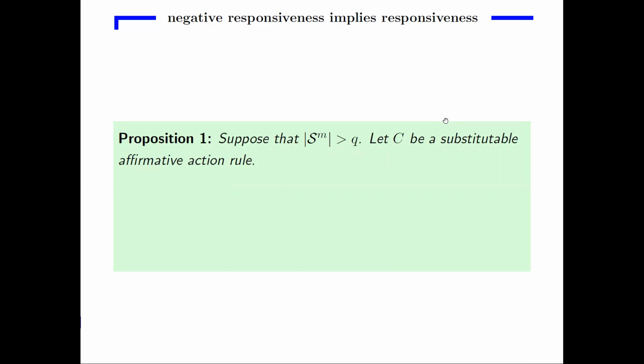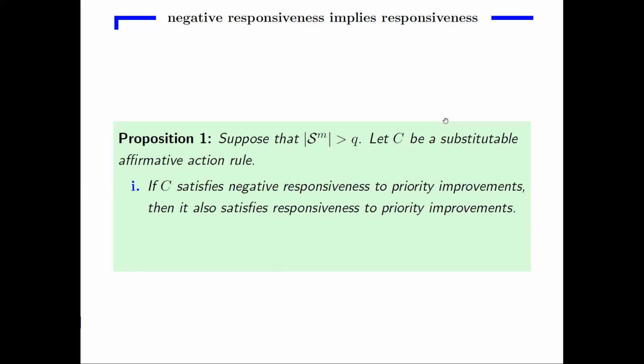The assumption is that suppose that in the grant pool of applicants, we have at least Q students, otherwise it becomes a mess because of some simple technical problems. And let C be a substitutable affirmative action rule. Here it means just an affirmative action rule, a choice rule that satisfies the basic axioms, not the responsiveness axioms at all.